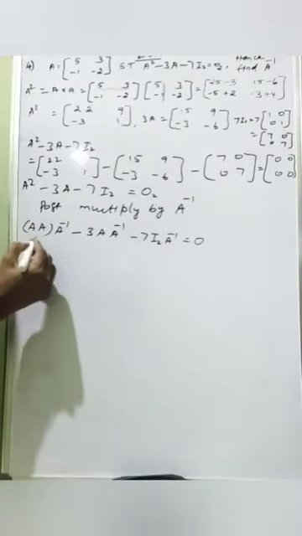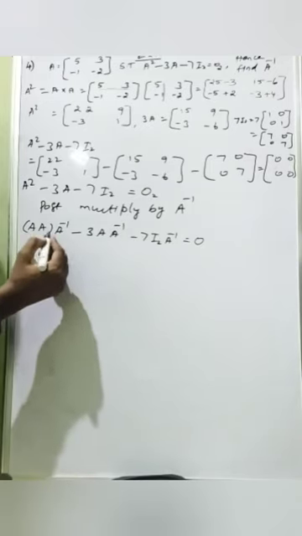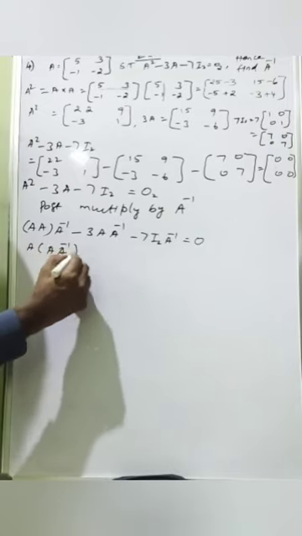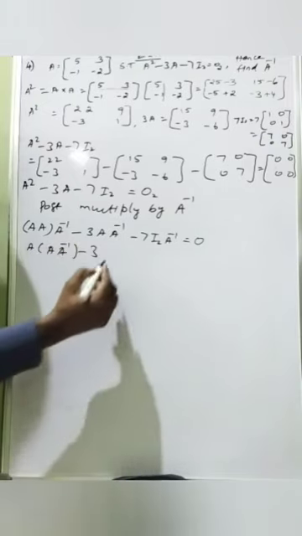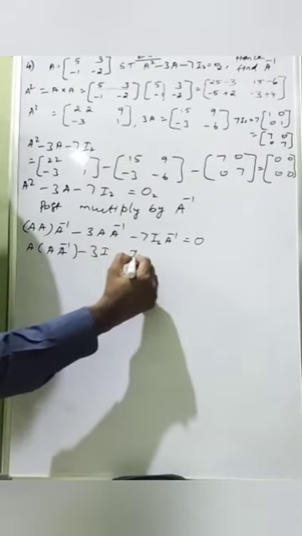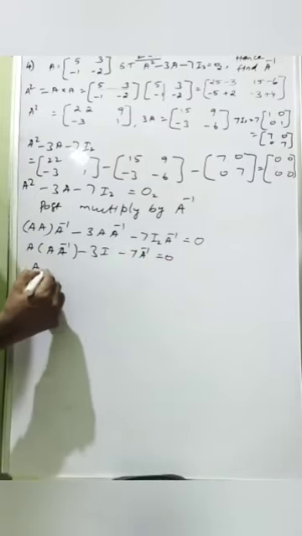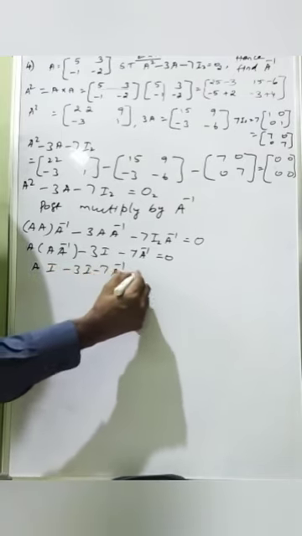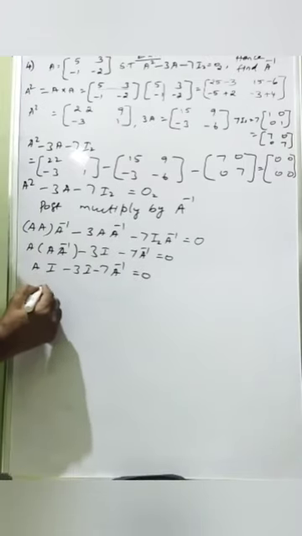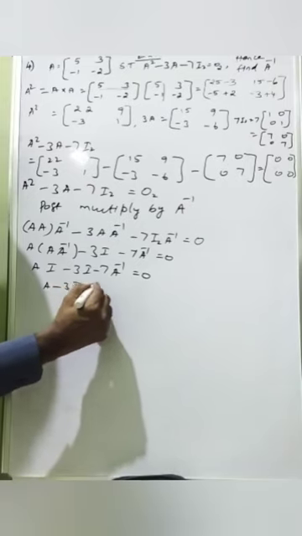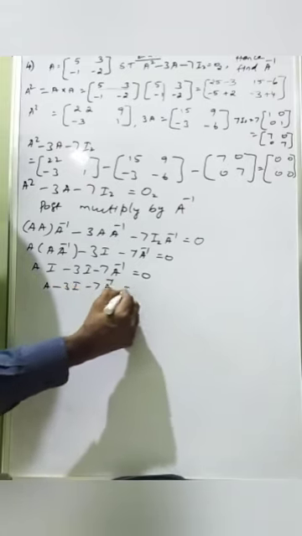Now here matrix multiplication is always associative, so we can write A into A inverse I, minus 3 A into A inverse equal to I, minus 7 A inverse equal to 0. We have the property A into A inverse equal to I. Now once again, A into A inverse I, minus 3I, minus 7 A inverse equal to 0. Now here A minus 3I minus 7 A inverse equal to 0.